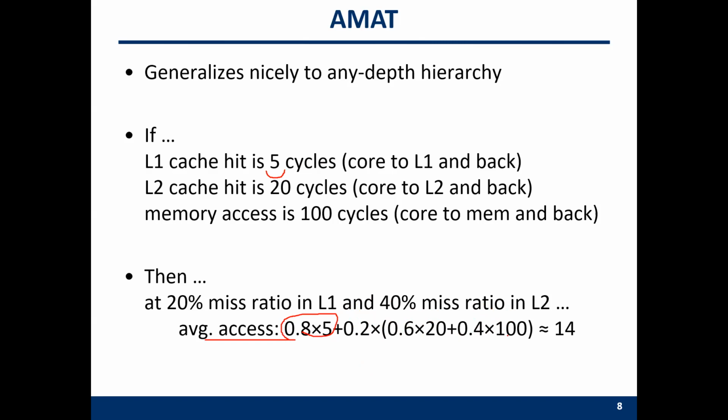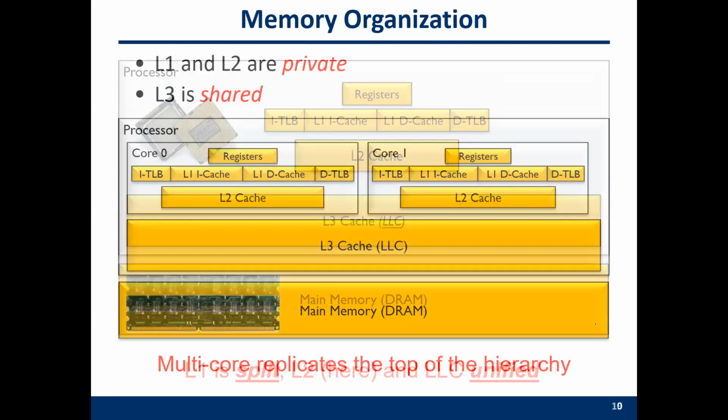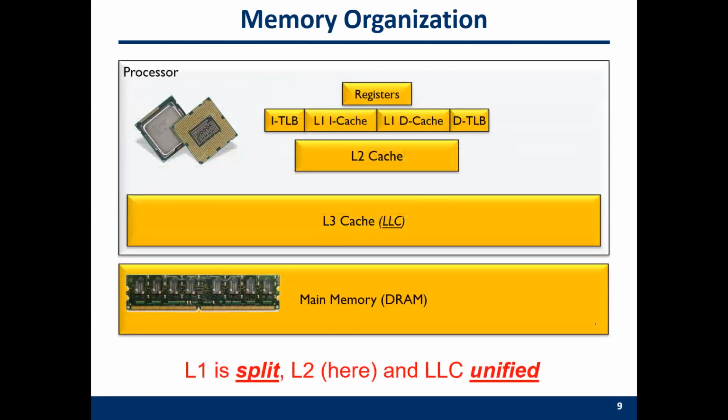So this is this part. On average, we need 14 cycles to access the memory. Either you can reduce the miss rate, or you can integrate more levels of cache to reduce the average access latency.